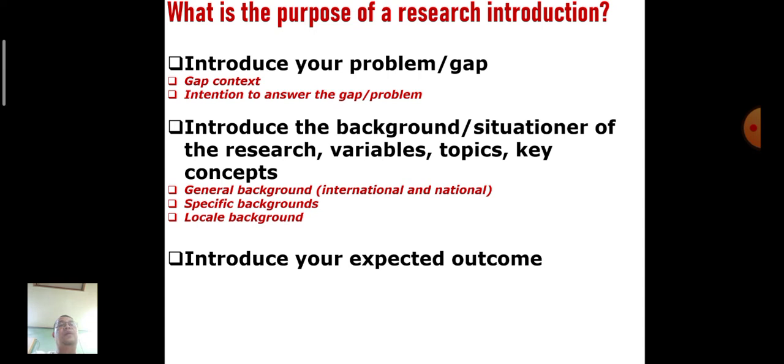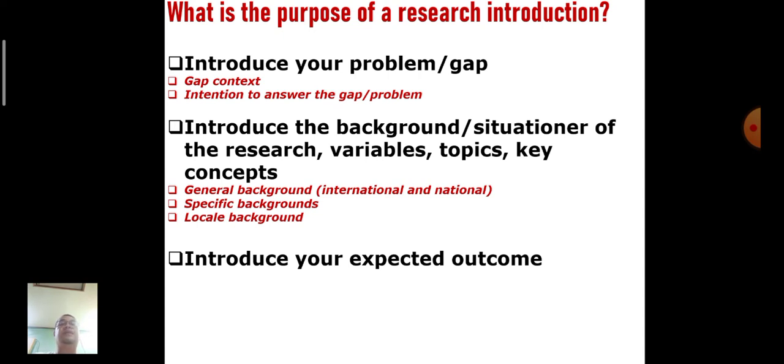Okay, when we talk about the second part, which is introducing the background or situationer of the research, the variables, topics, or key concepts, we're going to have three parts. It will be more clear when we have our examples. But under this part is basically the general background. So you write the general background in terms of international and national situation.